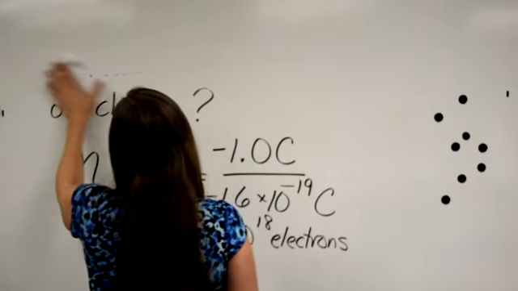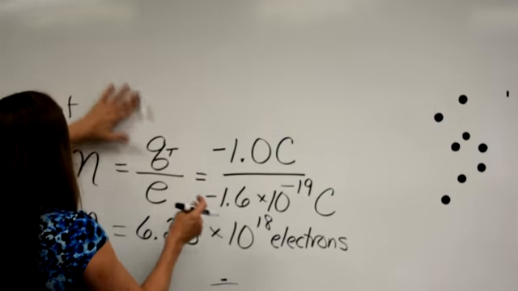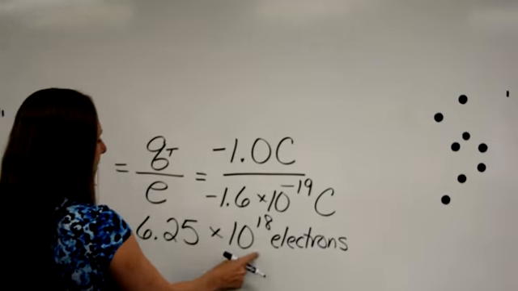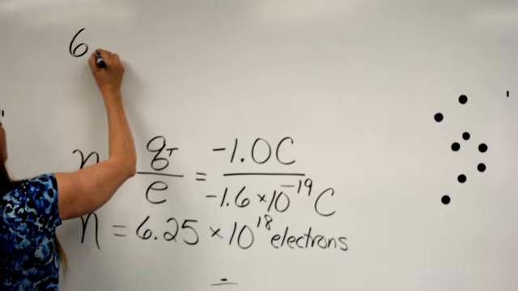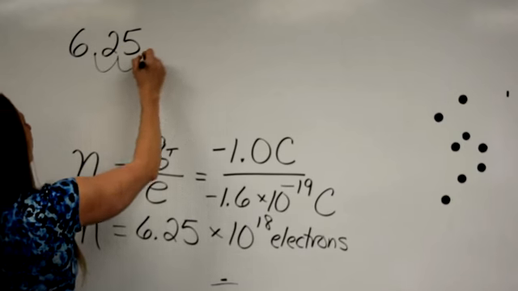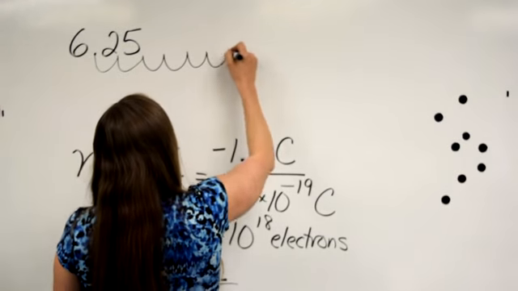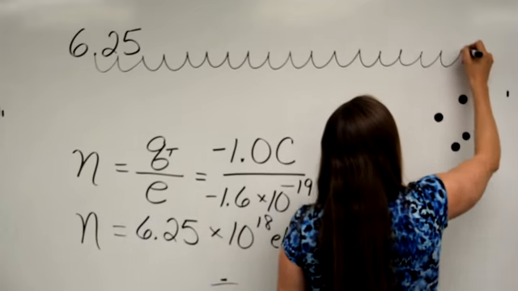We change it into a decimal. Much as the earlier number was really, really small with lots of zeros, this number is going to be really, really big with lots of zeros. 6.25 times 10 to the 18th. 1, 2, 3, up to 18.